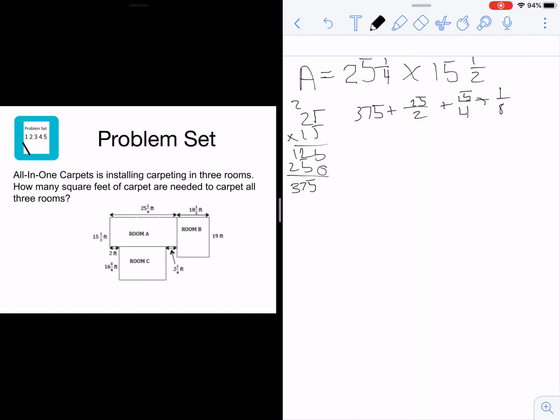So now we get 375 plus 25 halves, which is the same as 12 1/2, plus 15 fourths, which is the same as 3 3/4, and then plus 1/8. So 375 plus 12 plus 3 is 390, plus 11/8.